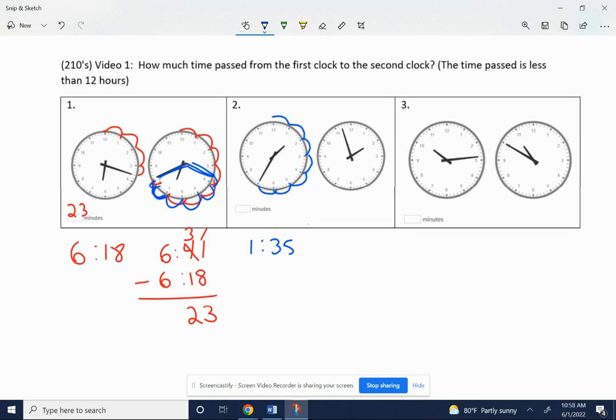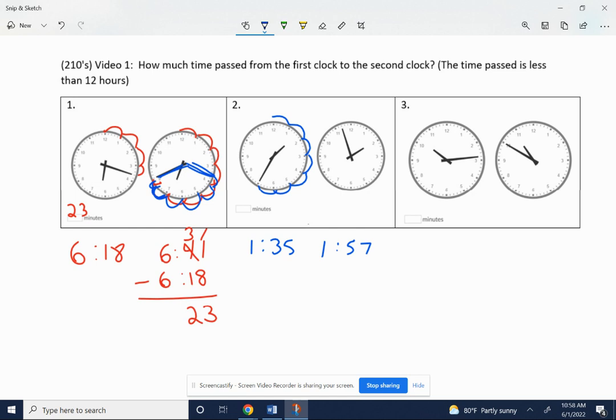The second clock is 1 something. If it was me, I would just think about 60 minutes in an hour. We're 3 minutes short of being all the way up to that 60 minutes for the hour. So the second clock is really showing 1:57. Just a little shortcut there.